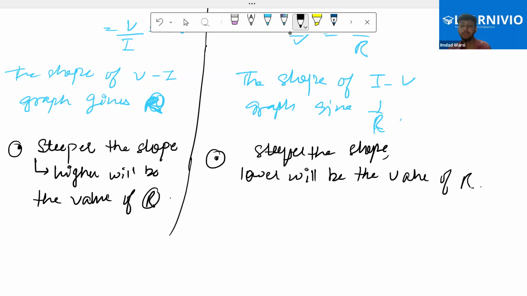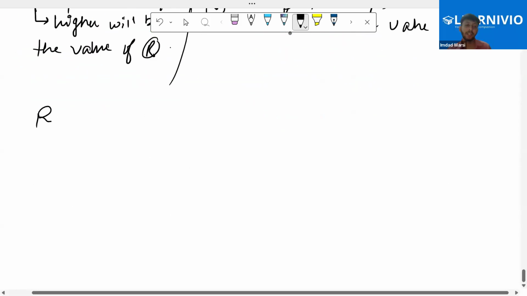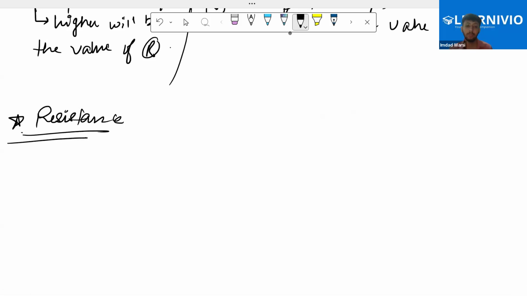Now put the heading resistance. Resistance is the property of a conductor due to which it opposes the flow of current through it.